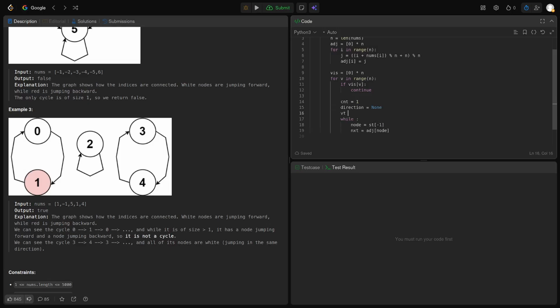So vertex is v, and I need to keep current. Next is adj of vertex, right? And while nums[v] is over 0, and now while next doesn't equal v, we want to do this.